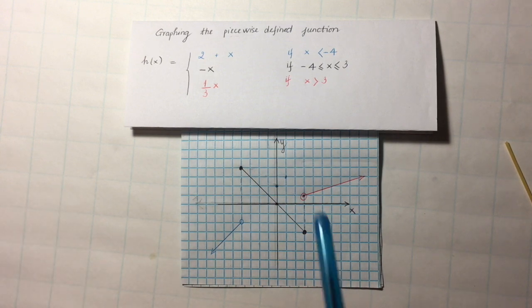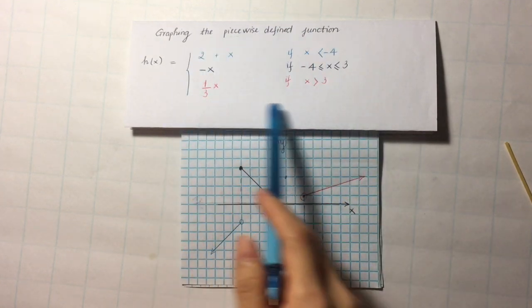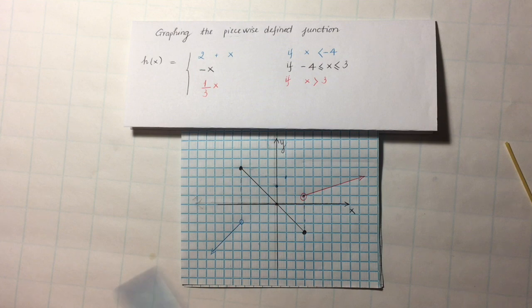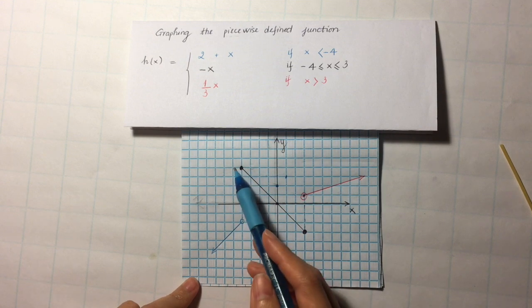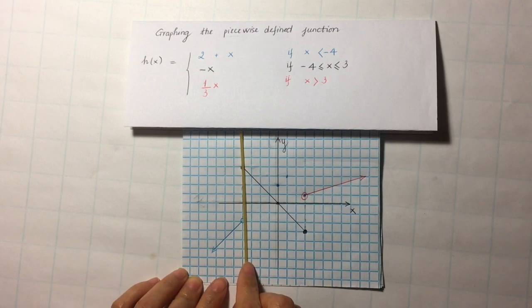So let's take a look at our function. Our function has 3 pieces, so the graph will have 3 pieces as well: 1, 2, and 3.